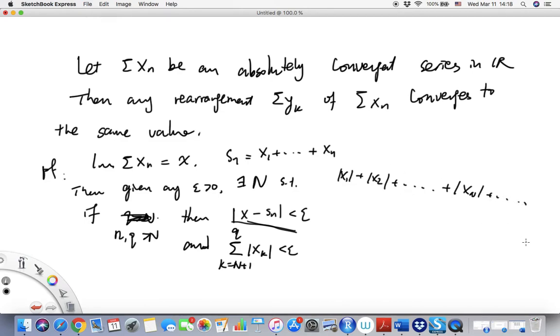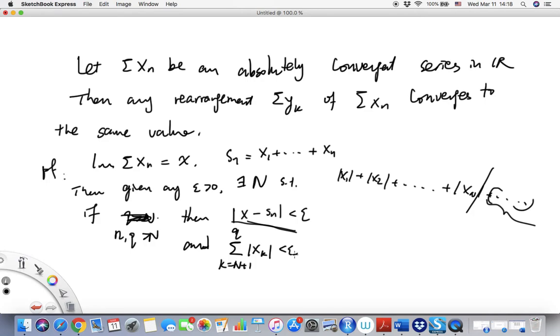This is a convergent series because it's absolutely convergent, so there exists an N such that these tails are going to be very small. That is exactly what this is saying. You can take a part from here and it will be very small.